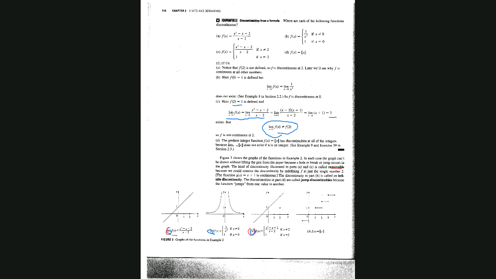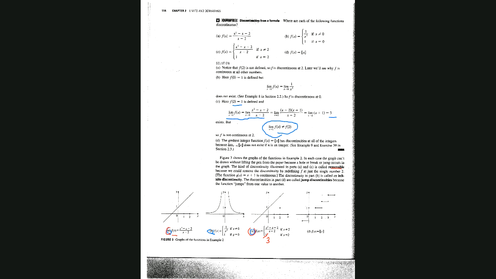For part C, the discontinuity at x equals 2 is removable because it's easily remedied. When x is equal to 2, change the 1 and make it a 3. Hence, it's called a removable discontinuity.